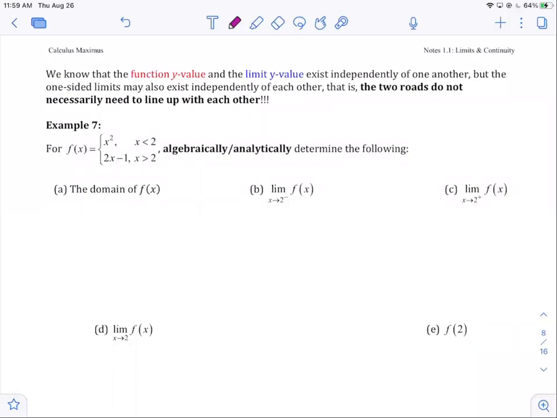Okay. So, as we already now know, prior to, I guess, pre-cal, the limit value and the function value were pretty much exactly the same, because the functions that you studied early on were polynomials, and they're continuous everywhere. So when a function is continuous everywhere, the limit and the function value are the same.